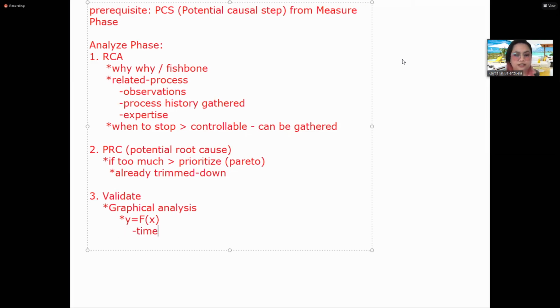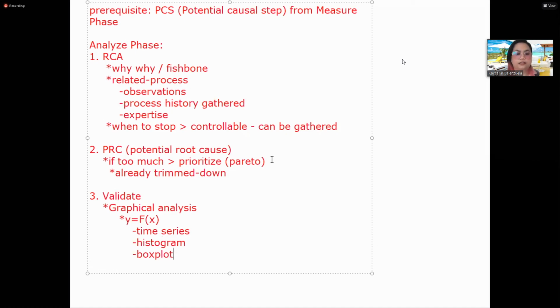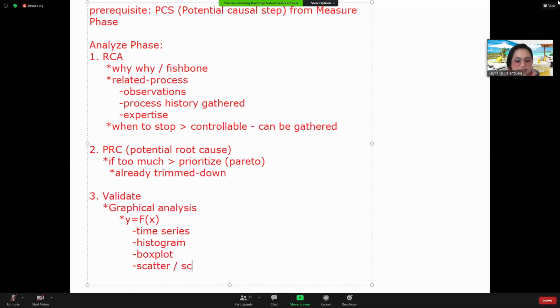Time series. What else? Histogram. What else? Box plot. What else? Bilis pa ako mag-type kaya hindi kayo makapag-type sa chat box. Okay, scatter, correct. Or scatter plot, correct pa rin.